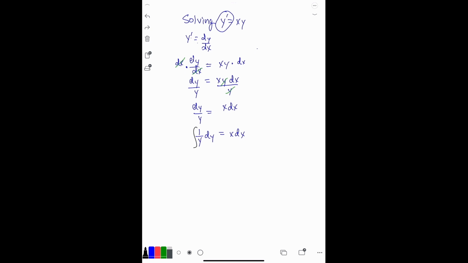So when we take the integral on both sides, that 1 over y becomes natural log absolute y plus c is equal to, and remember the integral of x is x squared over 2 plus c.